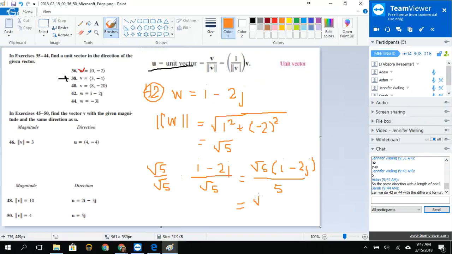And then I end up with square root of 5 i over 5 minus 2 square root of 5 j over 5. So technically, your i component, your horizontal component, is square root of 5 over 5, and your j component, vertical component, is 2 square root of 5 over 5.